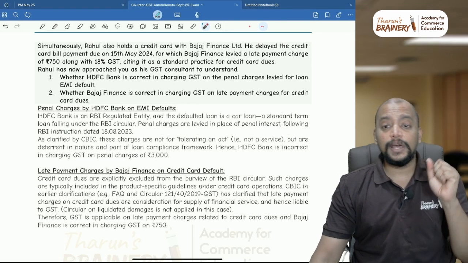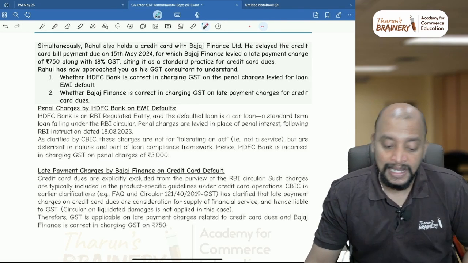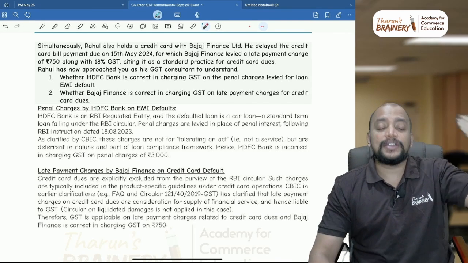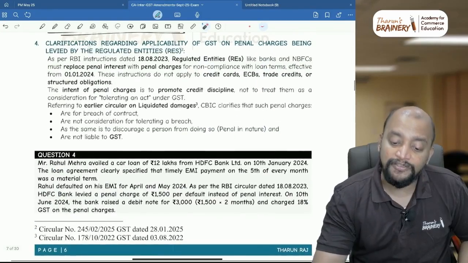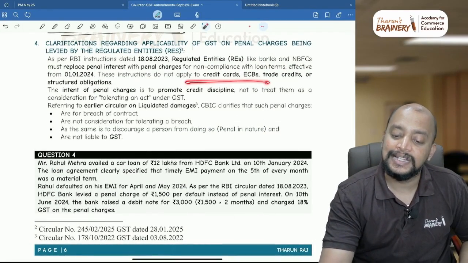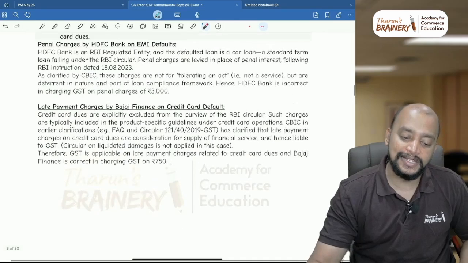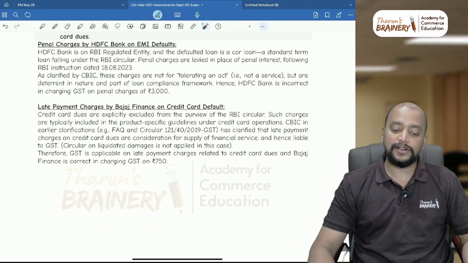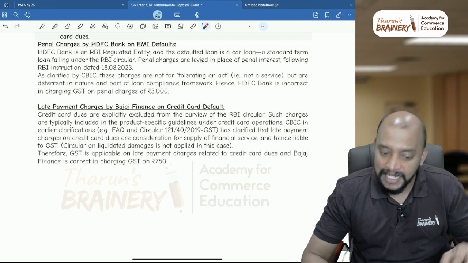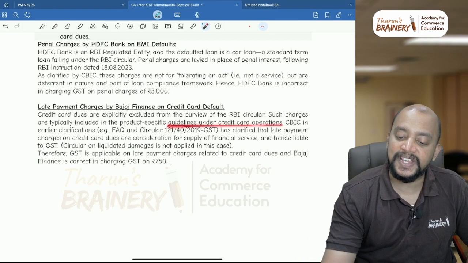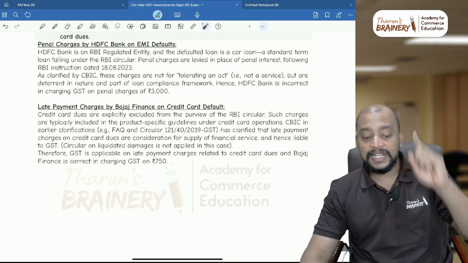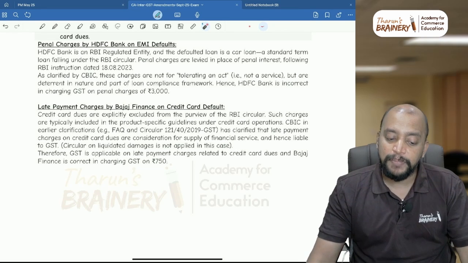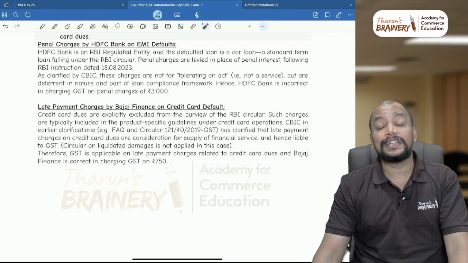Okay, sir. What about the late payment charges collected by Bajaj Finance on credit card? This particular RBI circular is not applicable for credit cards, correct? Not applicable for credit cards. Credit card dues are explicitly excluded from the purview of the RBI circular. Such charges are typically included in the product specific guidelines under credit card operations, where CBIC in some earlier clarification clarified that late payment charges on credit card dues are treated as supply.